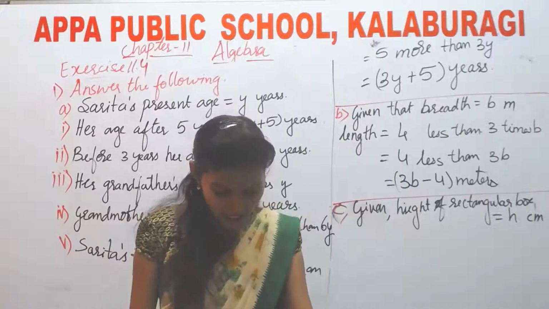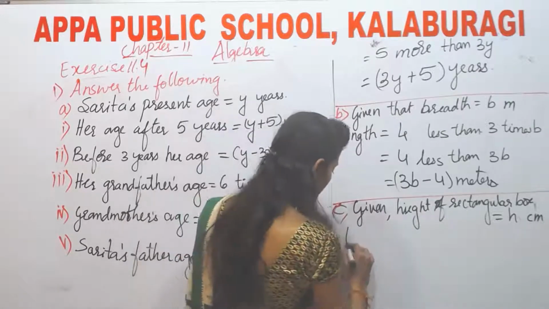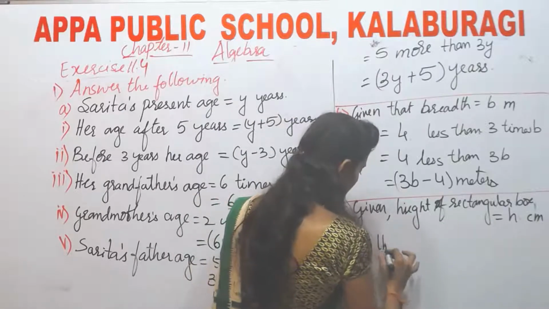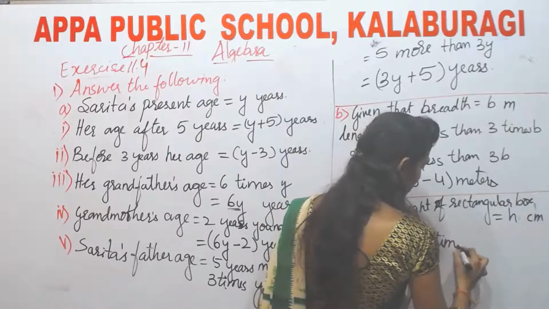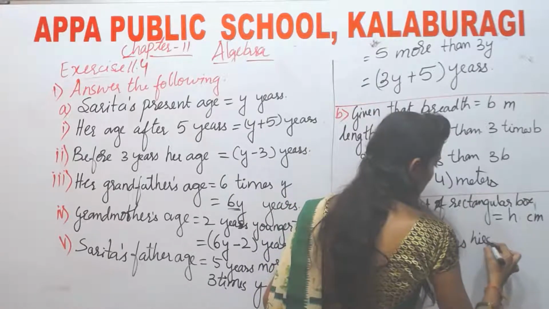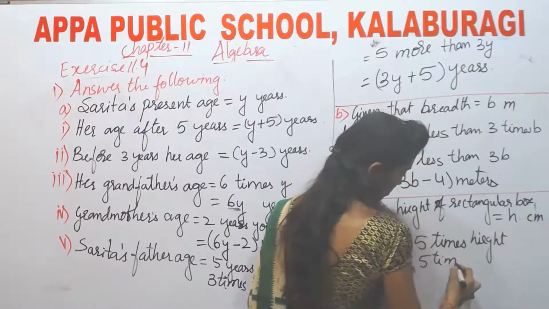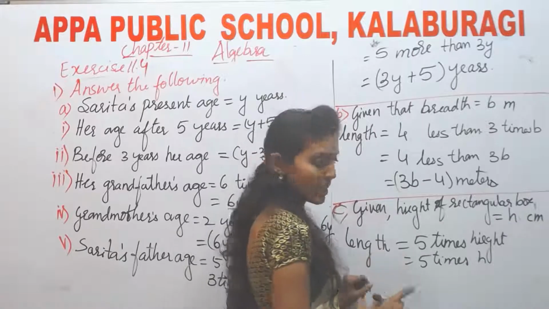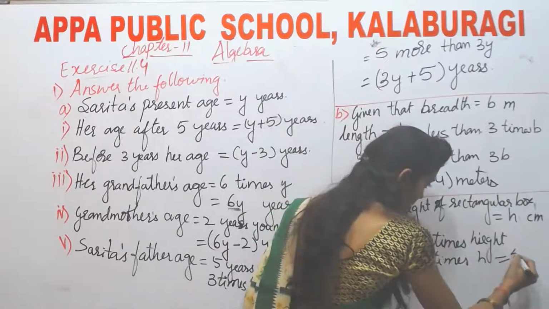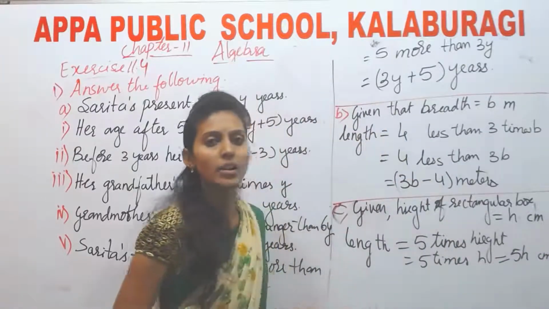Its length is 5 times the height. Length is 5 times height. Height is nothing but h, so 5 times h is nothing but 5h centimeter.